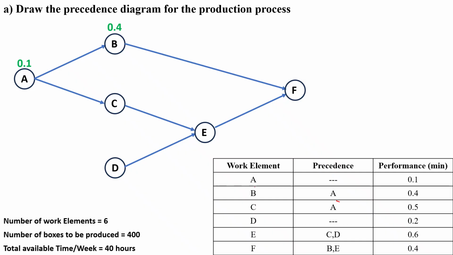Next for C, 0.5. Next for D, 0.2. Next for E, 0.6. Next for F, performance time is 0.4. So this is the first question: draw the precedence diagram for the production process.